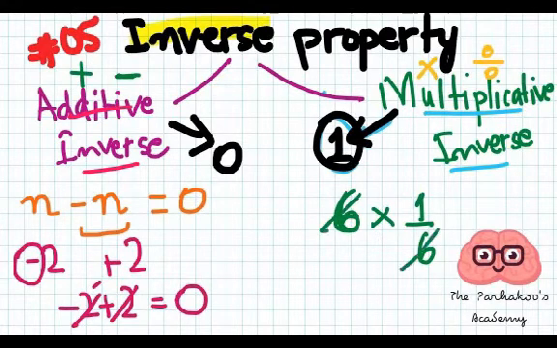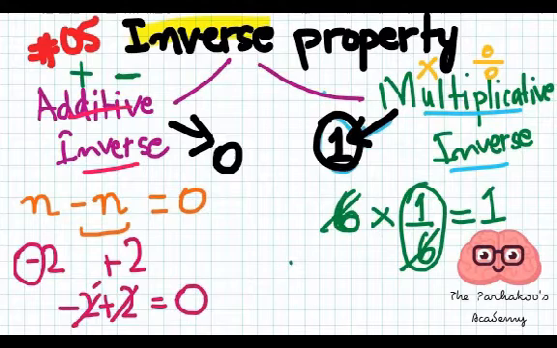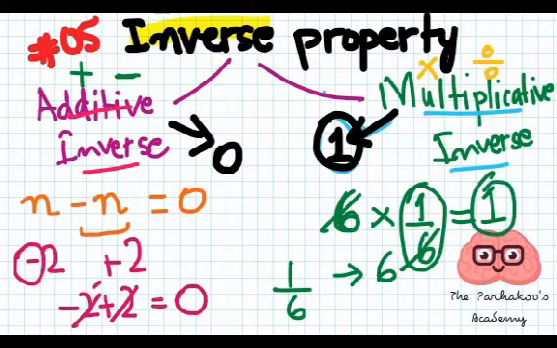So 6 and 6 would nullify one another, and we would be left with 1. So the multiplicative inverse of 6 is 1 upon 6. And if we have 1 upon 6, the multiplicative inverse would be 6. You just have to make sure that whenever you multiply them with each other, you come up with 1.